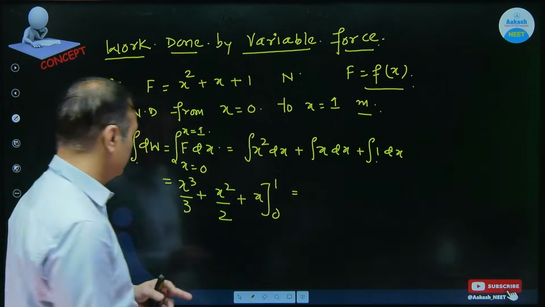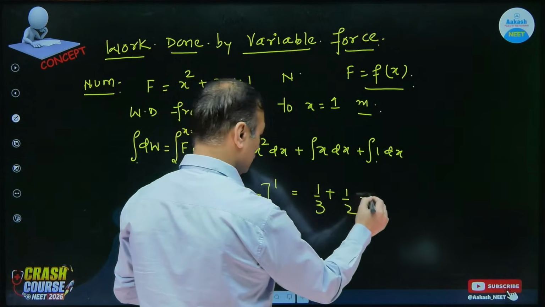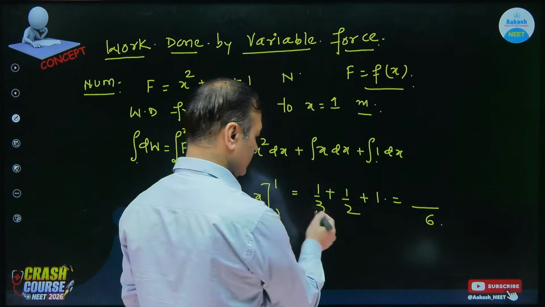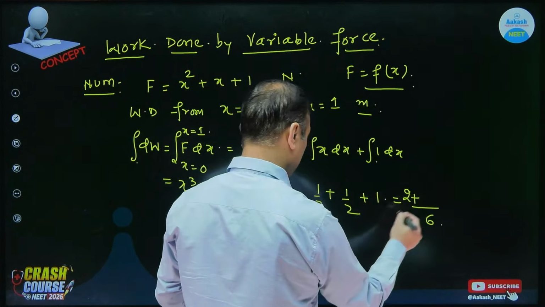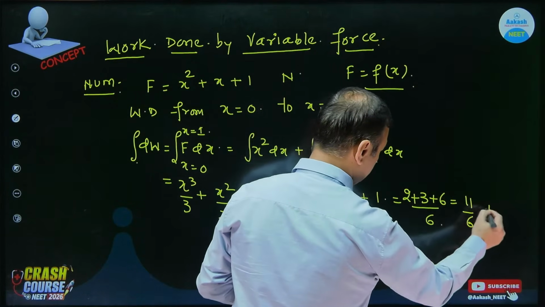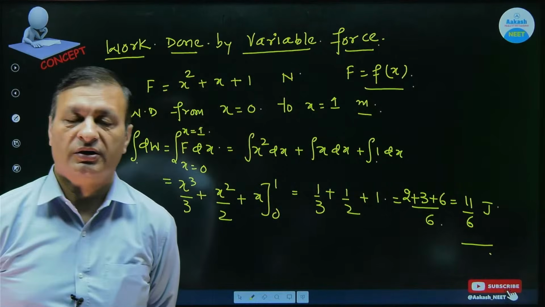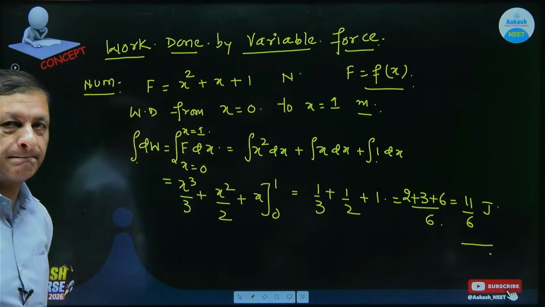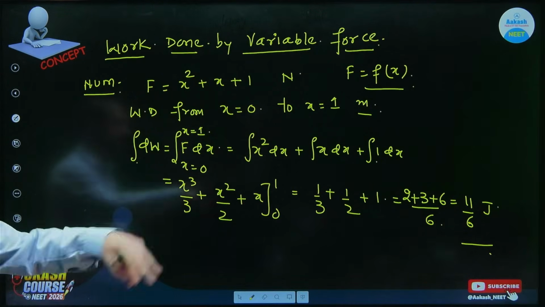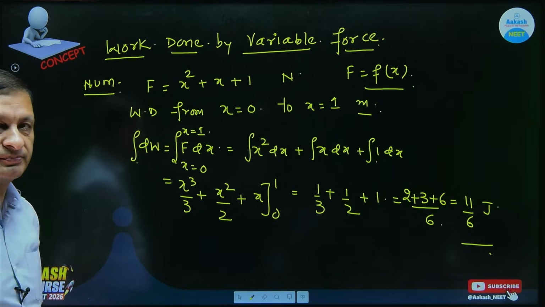So it becomes 1 by 3 plus 1 by 2 plus 1, and you take the LCM, that makes 6. So this is 2 plus 3 plus 6, which means 11 by 6 joule is the work done. Got it or not? Any doubt you have from this part? Sure?